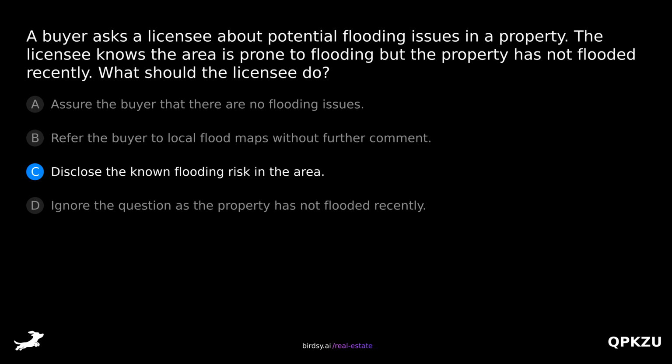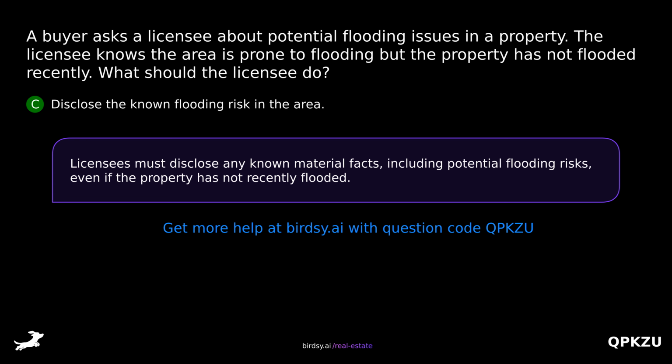C, disclose the known flooding risk in the area? Or D, ignore the question as the property has not flooded recently? The answer is C, disclose the known flooding risk in the area. Licensees must disclose any known material facts, including potential flooding risks, even if the property has not recently flooded.